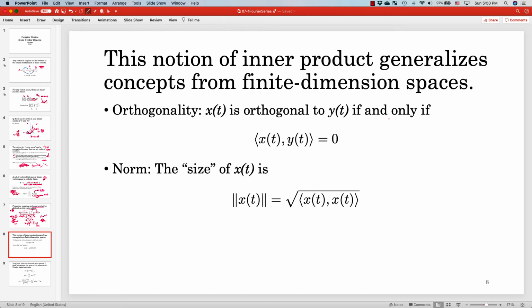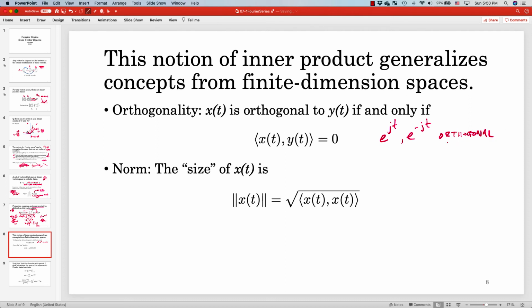So using our example before, this means that e to the jt and e to the minus jt are orthogonal functions.